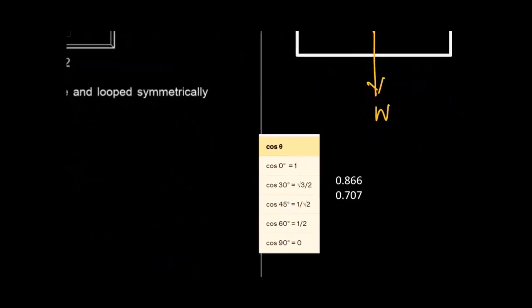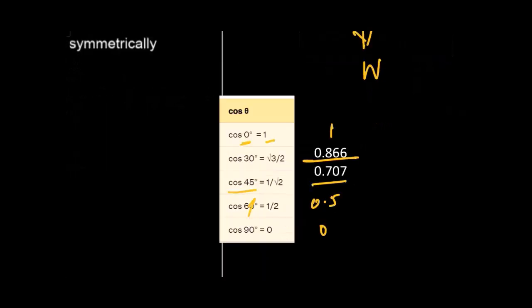And if we observe the cos theta relation with theta, cos 0 is 1, cos 30 is 0.86, cos 45 is 0.707, cos 60 is 0.5, and cos 90 is 0. So as we increase theta from 0 to 90, cos theta is decreasing.